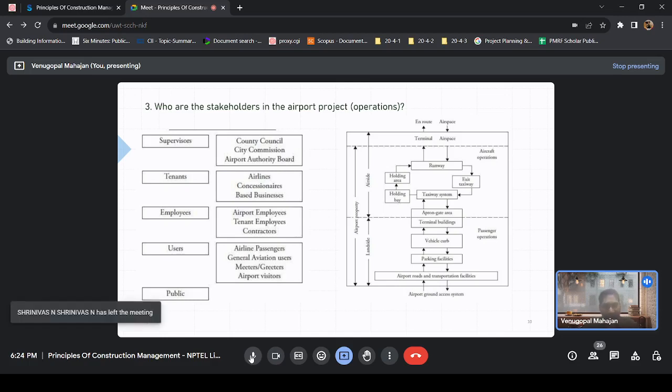And obviously the next diagram shows... sorry, I'm still a bit under the weather.